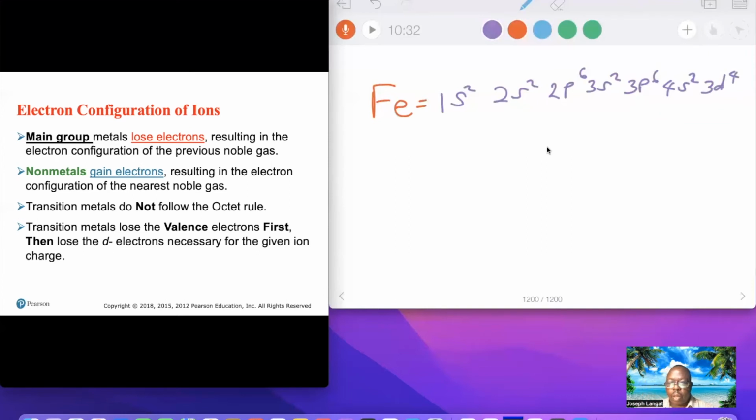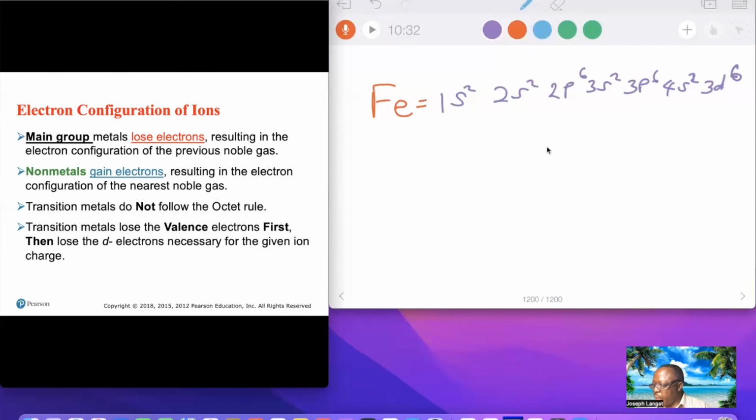Make sure that we have 26. This is the electron configuration.